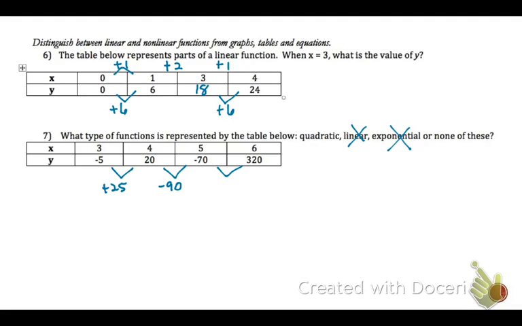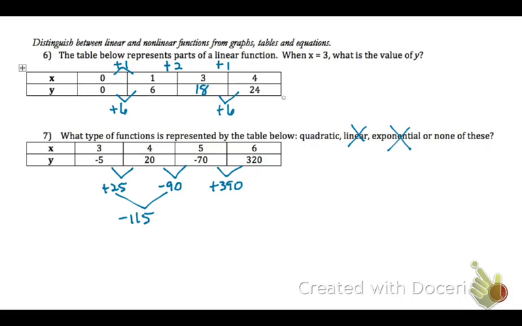To get from -70 to 320, we would need to add 390. So now let's check second differences. To get from 25 to -90, we would need to subtract 115.